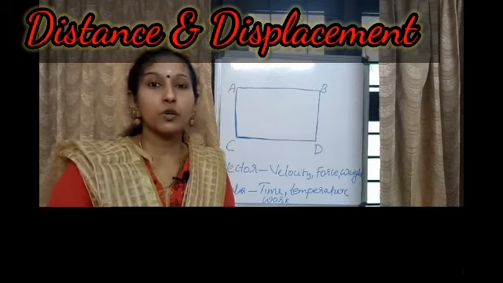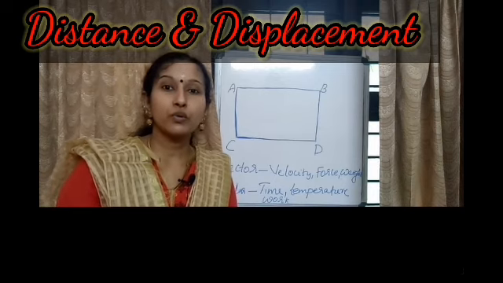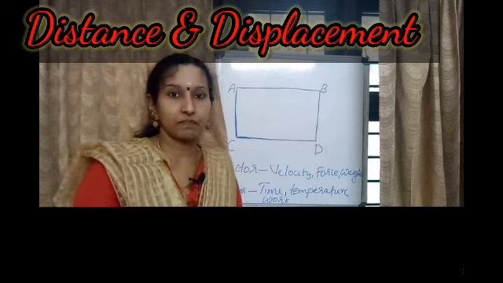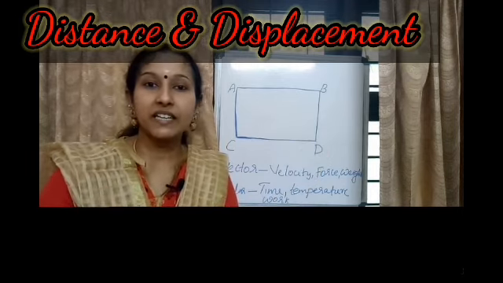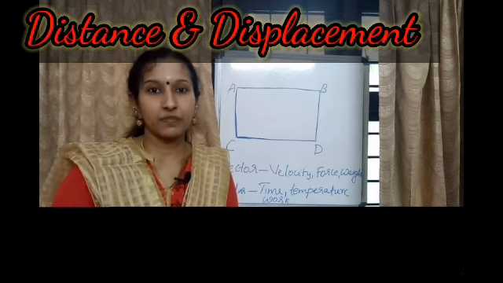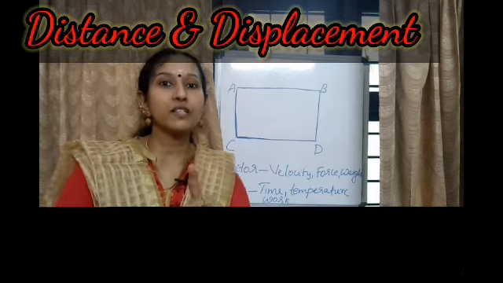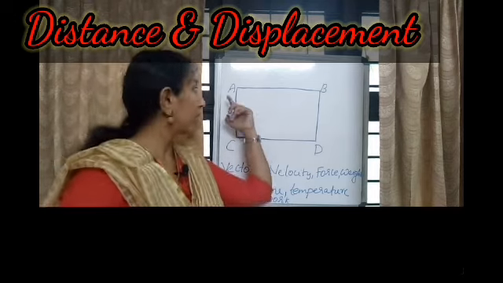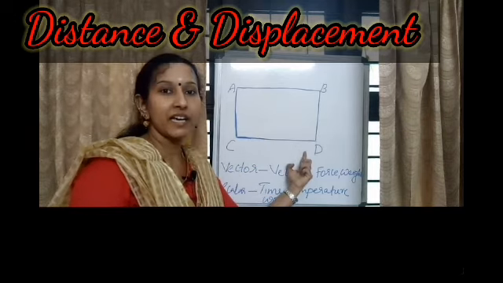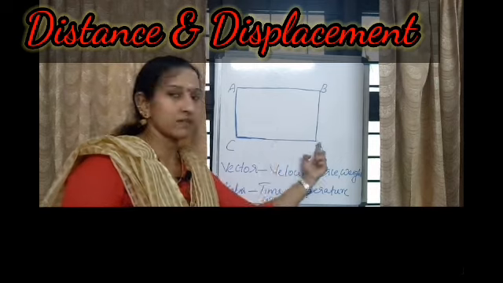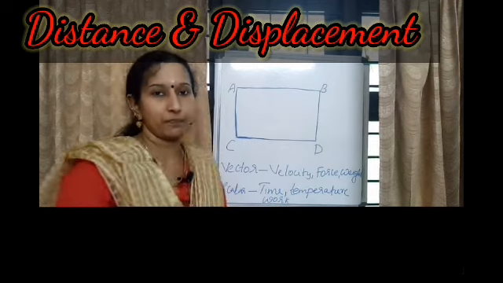Your task is to reach D. There are two ways for you. Either you can go through B and reach D, or you can cross from A to D directly.